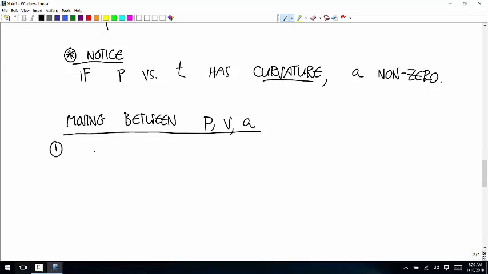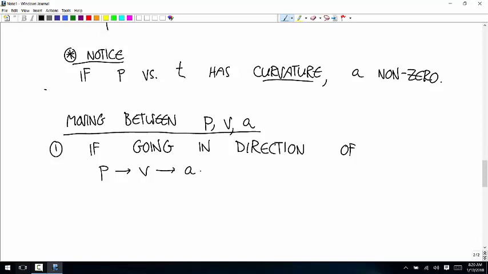So first, if you're going in the direction of P to V, or V to A, or P to A, all you're doing is taking derivatives with respect to time.